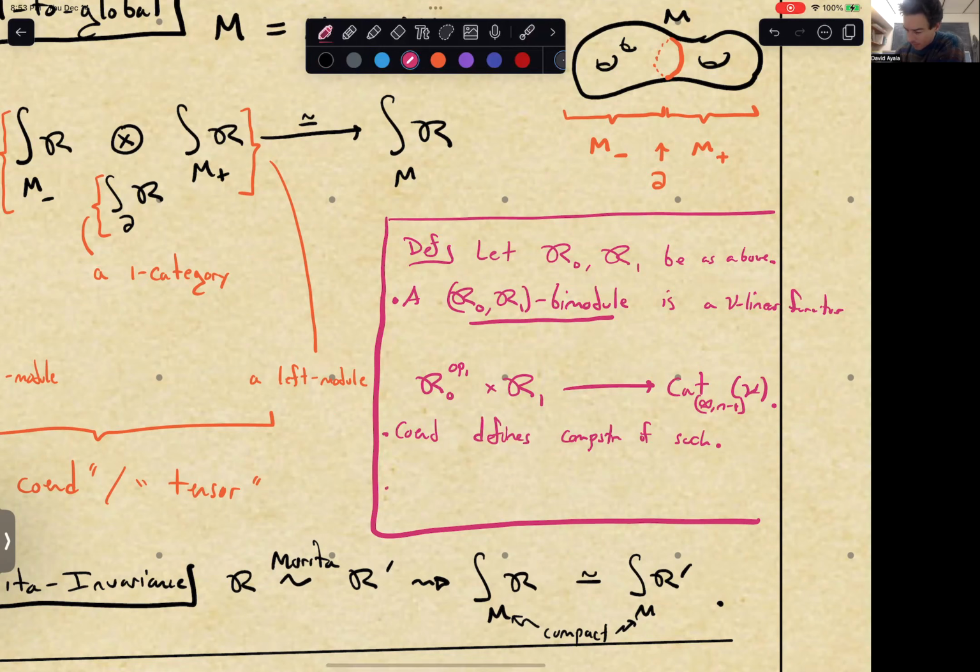And we'll say that R0 and R1 are Morita equivalent if there's an R0, R1 and an R1, R0 pair of bimodules to implement equivalences. Is that answering that question?